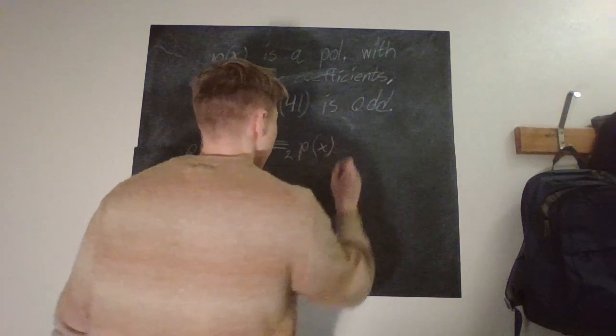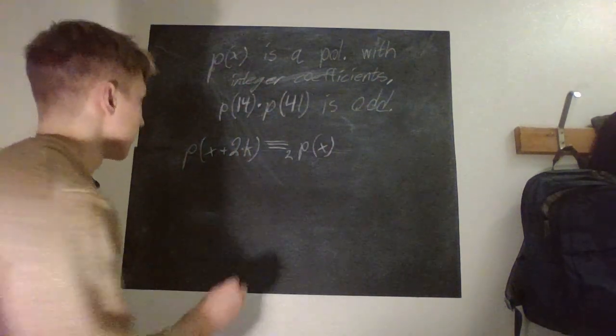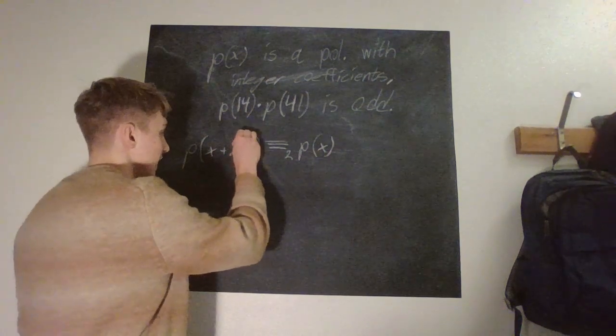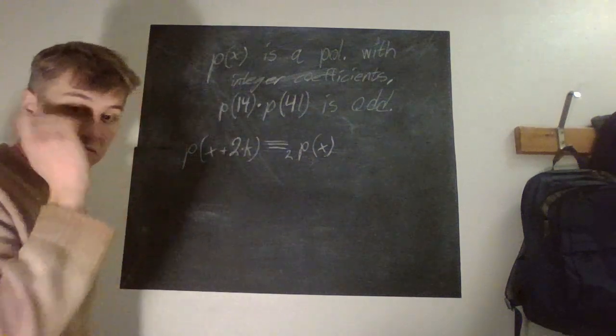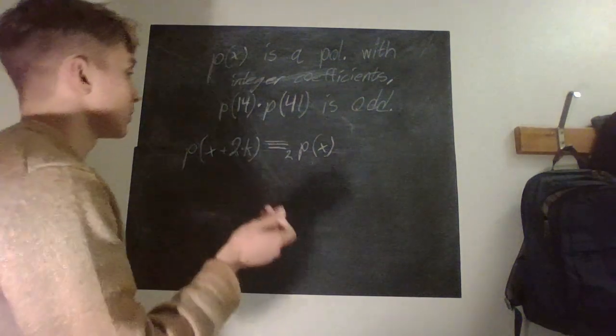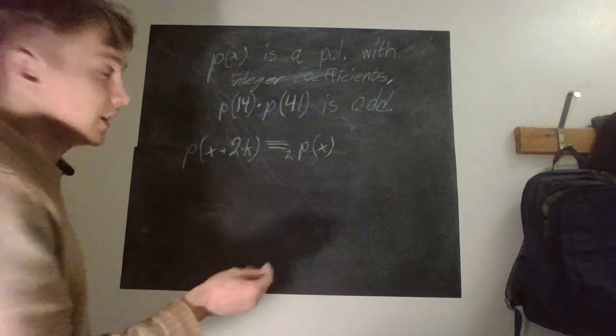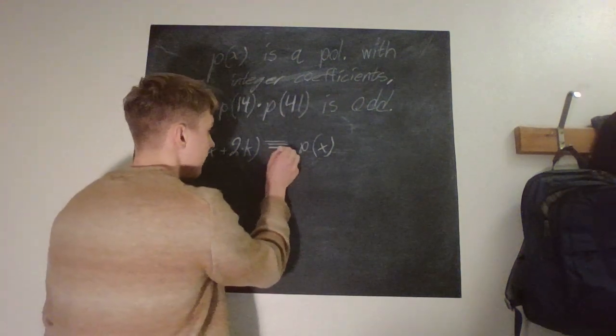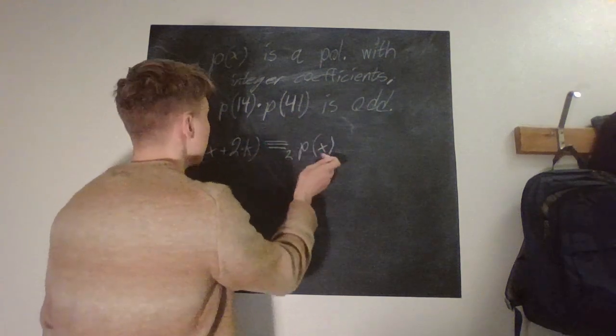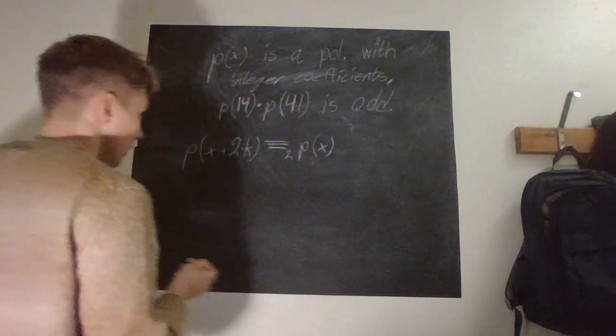Because if we're just adding or subtracting any multiple of 2, then if we just know that it works for both even and odd, then we can reach any integer with this, and therefore refer back to 14 and 41.